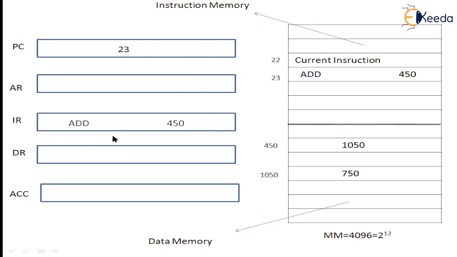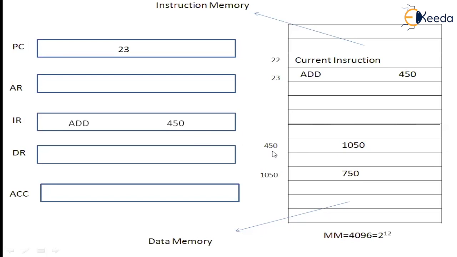Try to understand. The instruction register has mode, opcode, and operand. This operand generally is specified by using an address. Rather than directly loading the operand here, we use an address in which the actual operand is residing.